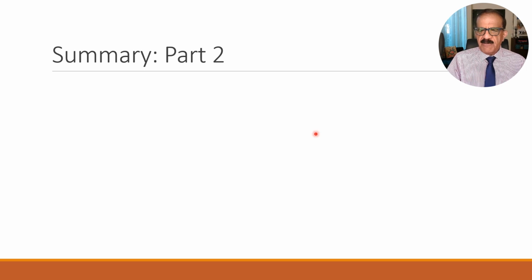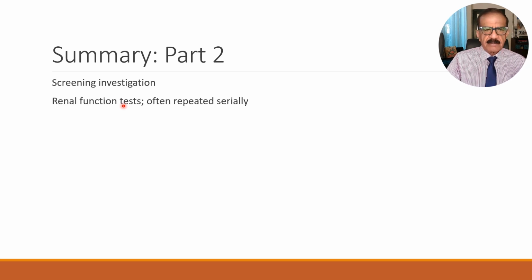So this brings me to the end of this presentation. Let me give you the summary of part 2. A screening investigation should be done whenever you have a patient who could develop chronic kidney disease, like a patient with diabetes and hypertension. Typically once a year, they should have their urine protein done.